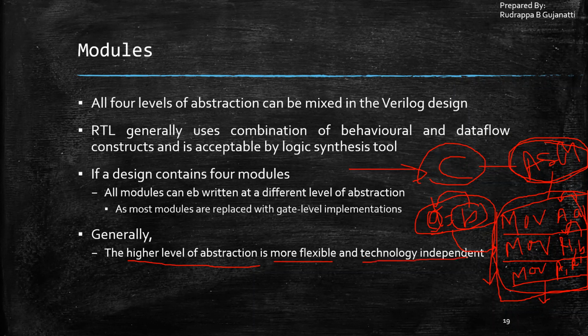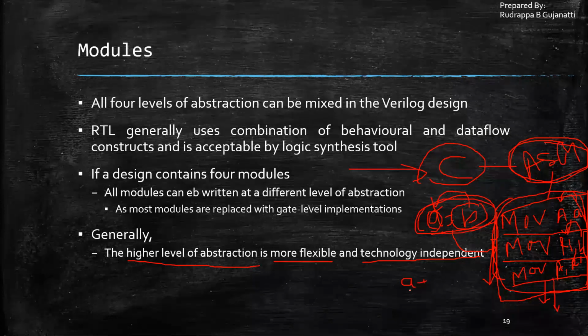And it is technology independent. Technology independent in the sense that you have different IC design technologies which are present. When you're writing something in this form, you're not bothering about what technology is used to perform these operations. Technology in terms of hardware, I'm speaking. Suppose I write A plus B. This adder, when it is implemented, is implemented using the AND gate and the XOR gate.